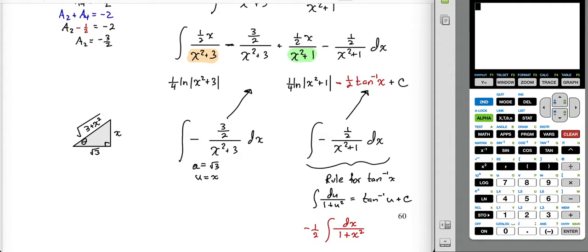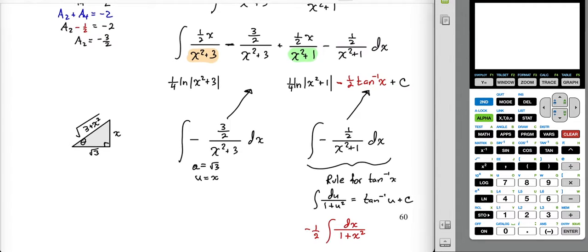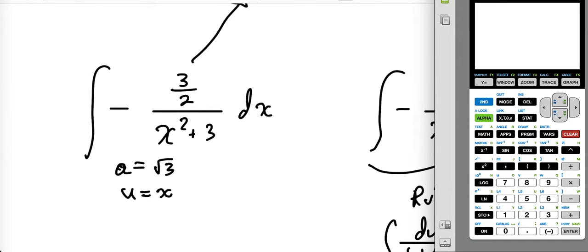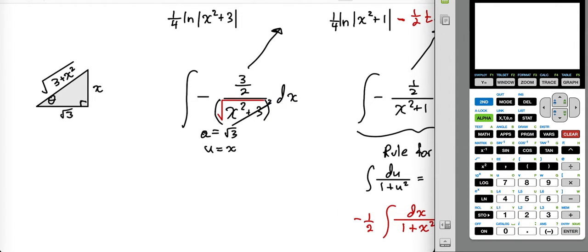Now remember, the trig substitution technique has radicals in it, so I have to create the radical and then correct for that radical that I created. Undo. There we go.